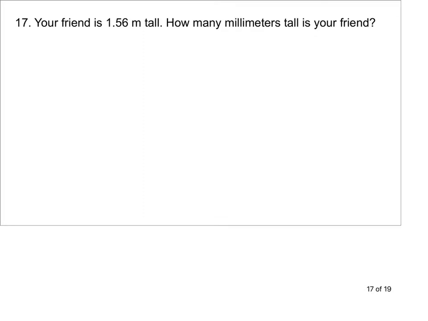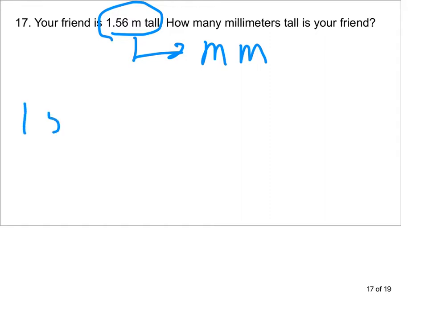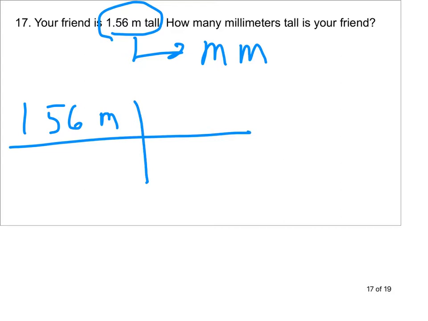Okay, here we want to take 1.56 meters and change that to millimeters. 1.56 meters. Conversion, 1 meter is 1,000 millimeters. I'm going to write it as 10 to the third millimeters. The meters divide out.